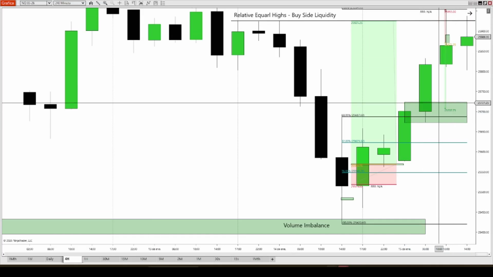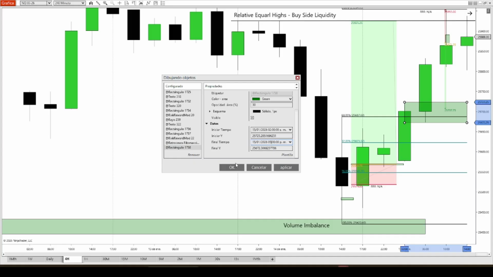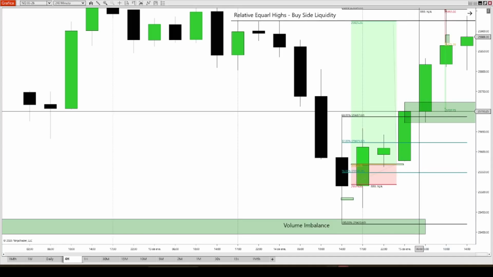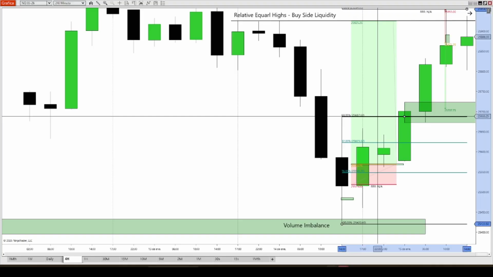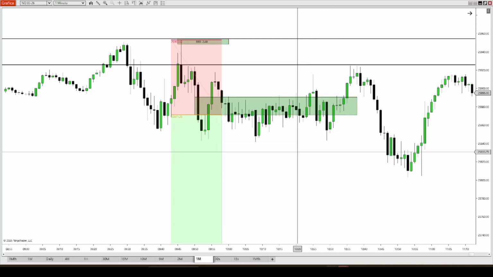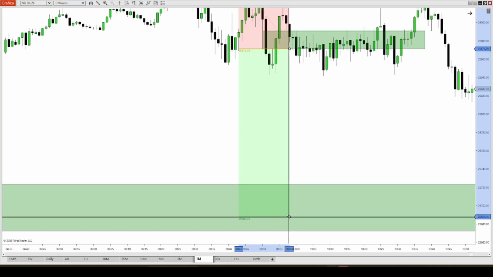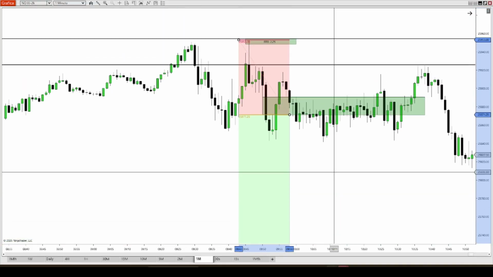This PD array represents your drawn liquidity, because you have your PD array in confluence with equilibrium. So for this trade, we look to place our profit taking at equilibrium, which makes confluence with a balanced price range.